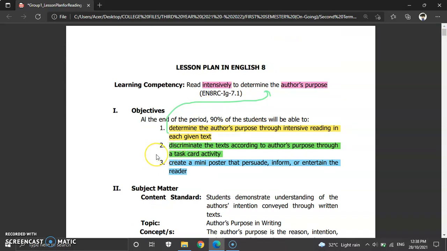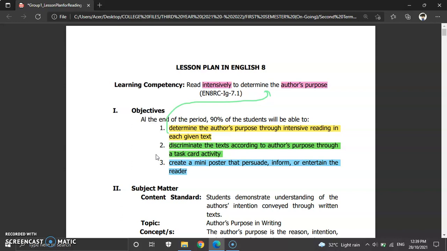Our second objective pertains to the value that the students will get from this teaching and learning process, from this lesson or topic. They are to discriminate the text according to author's purpose through a task card activity.